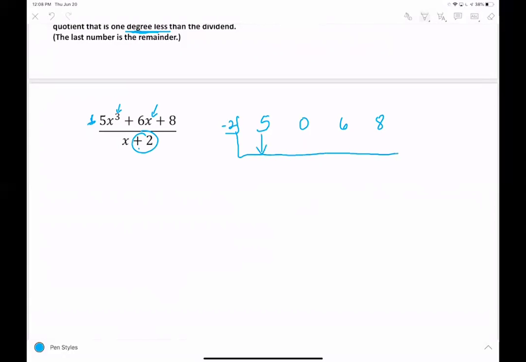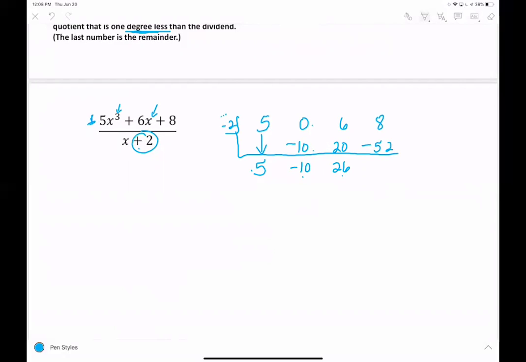We bring down the 5. We multiply 5 times negative 2, which is negative 10. We add, so that's just negative 10. Negative 10 times a negative 2 is a positive 20. We add to get 26. 26 times negative 2 is 52.